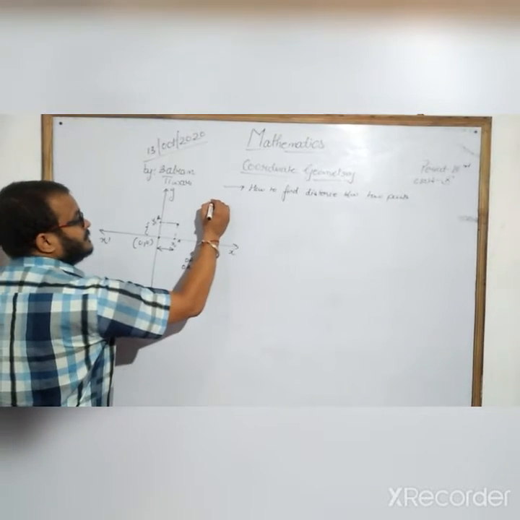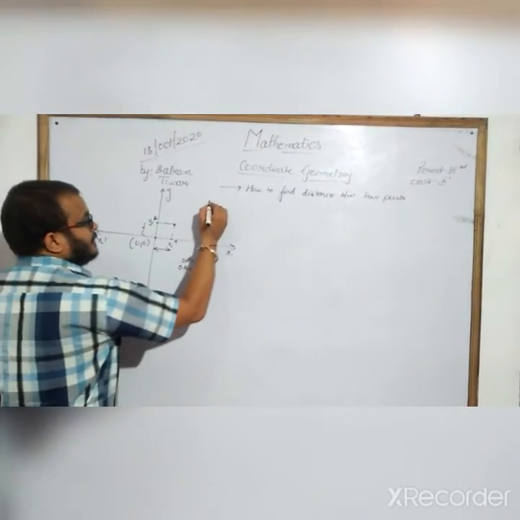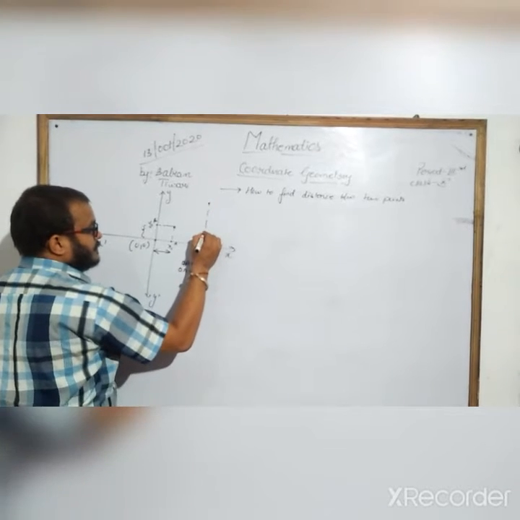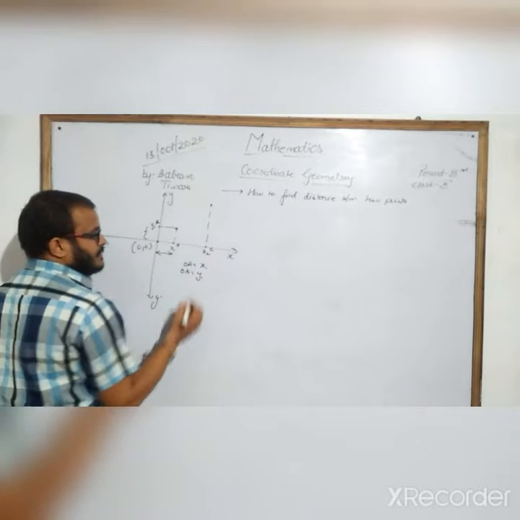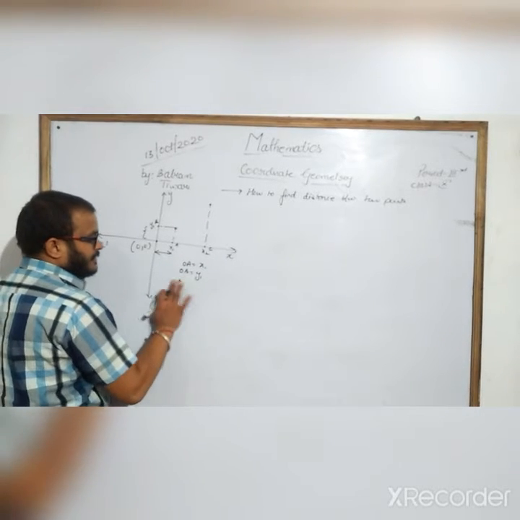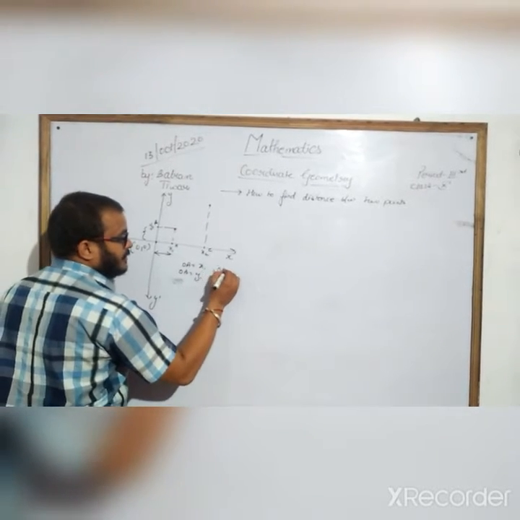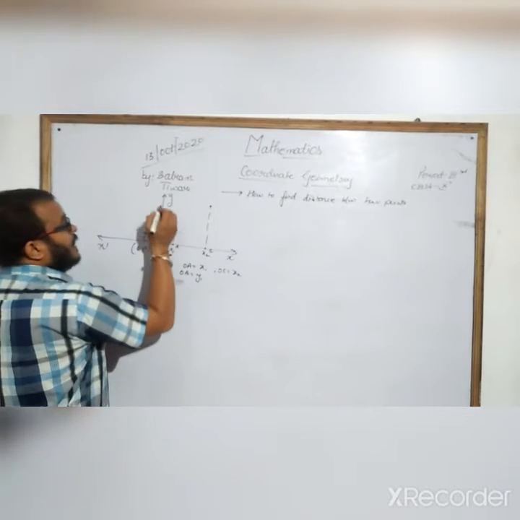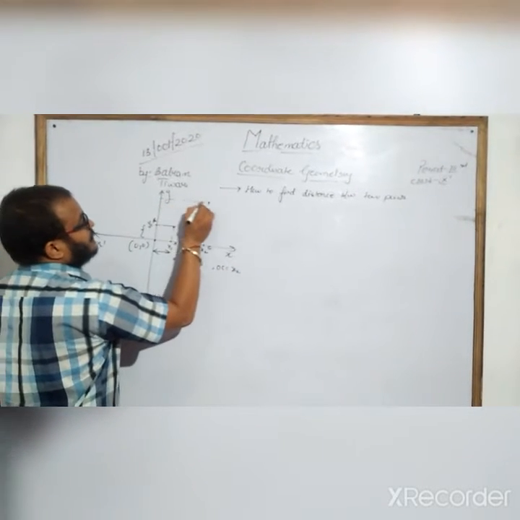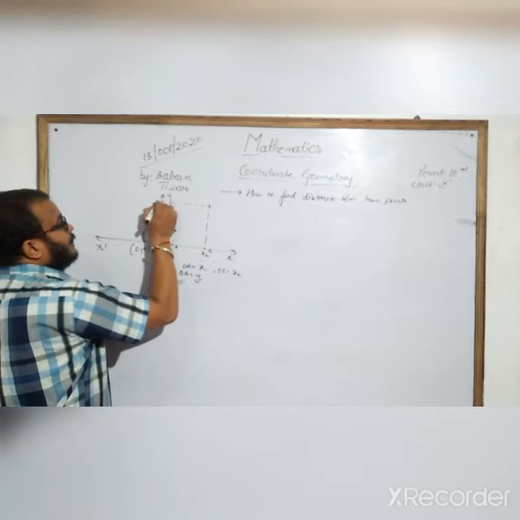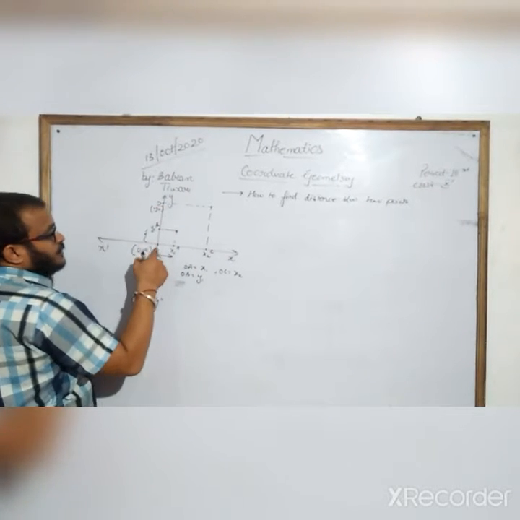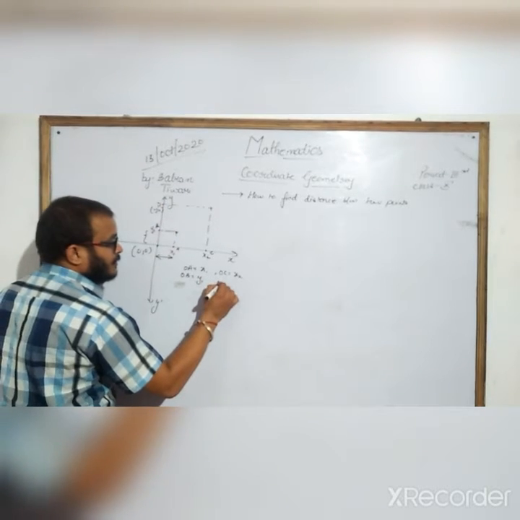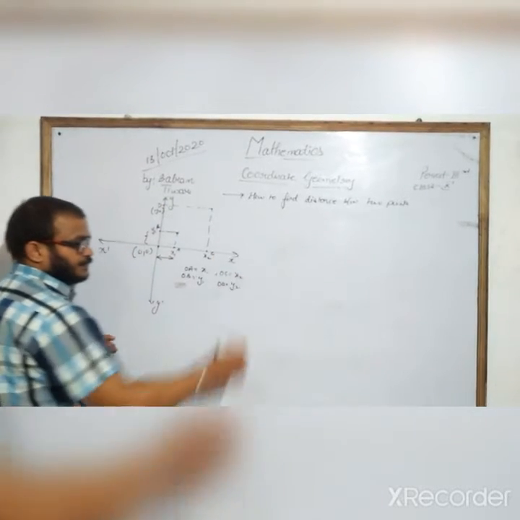Now take another point. This is called x2, and we name it C. So OC represents x2. This other point is called D, the y2, so OD represents y2.